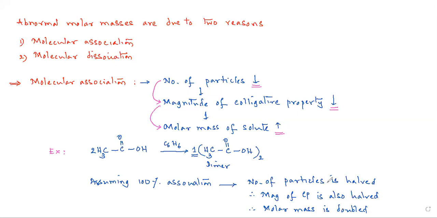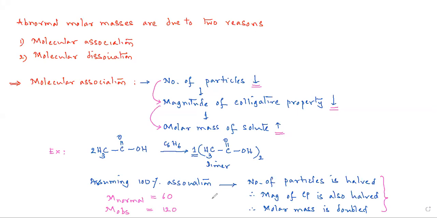Okay. See, this molar mass, of course, normal molar mass is 60, but the observed one from one of the colligative properties is going to be 120.